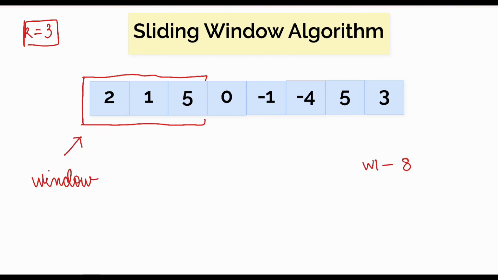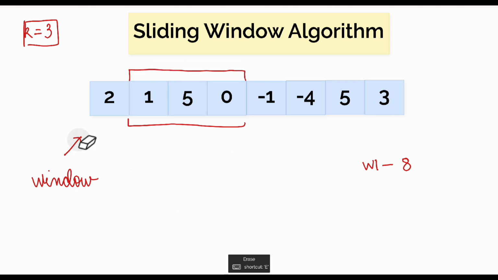Now my window will shift a little bit. So now my window will start from 1 and it will go till 0. This is my new window. I am sliding this window.